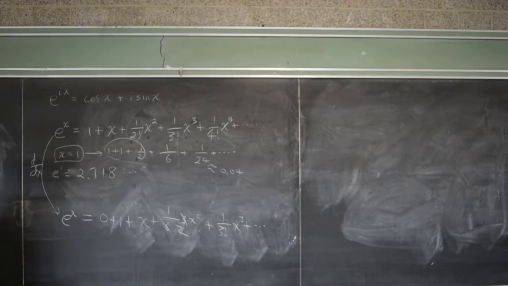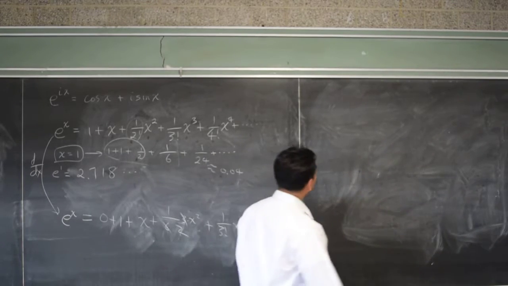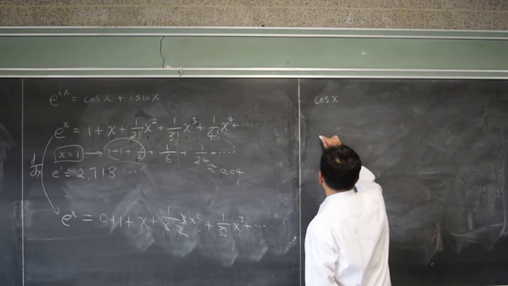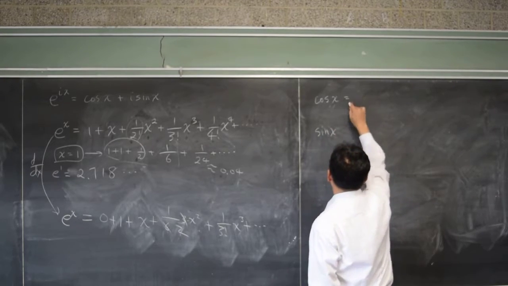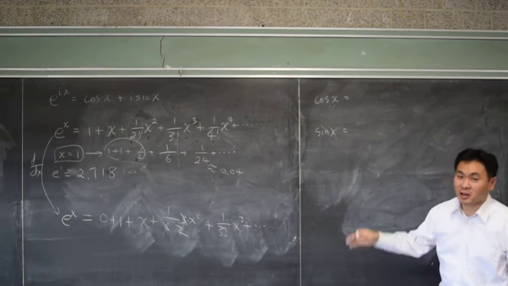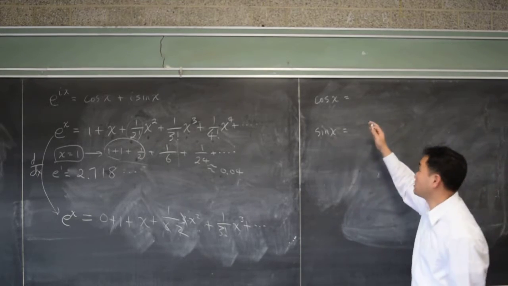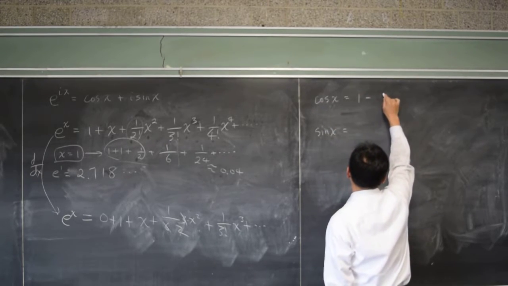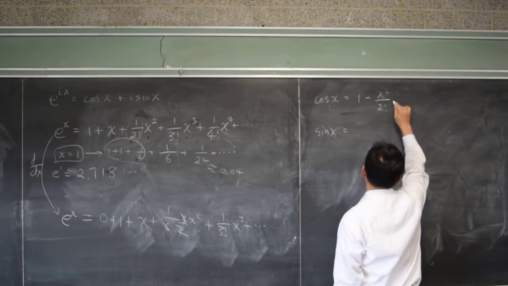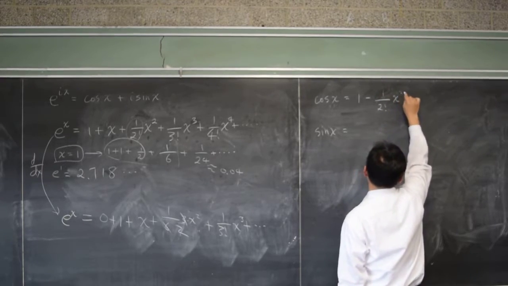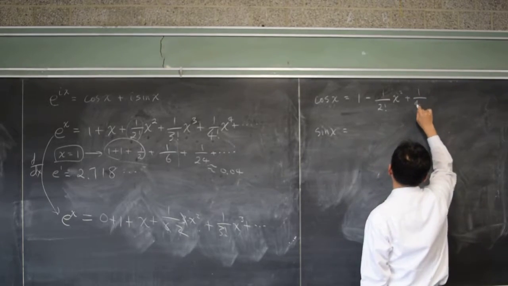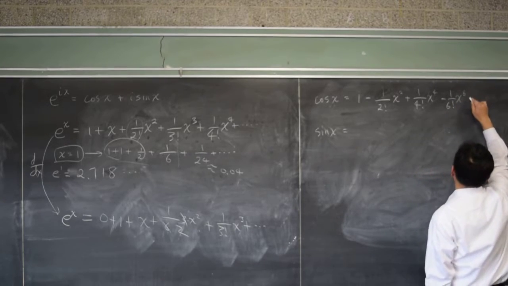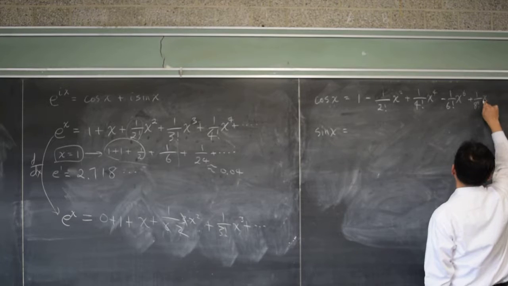Okay. Now, you can do the same kind of work for cosine x and sine x. I did this in detail, but I don't have time to go into the details for this one. I'm just going to write down the infinite series. Cosine x is 1 minus 1 over 2 factorial x squared plus 1 over 4 factorial x to the 4th minus 1 over 6 factorial x to the 6th plus 1 over 8 factorial x to the 8th.